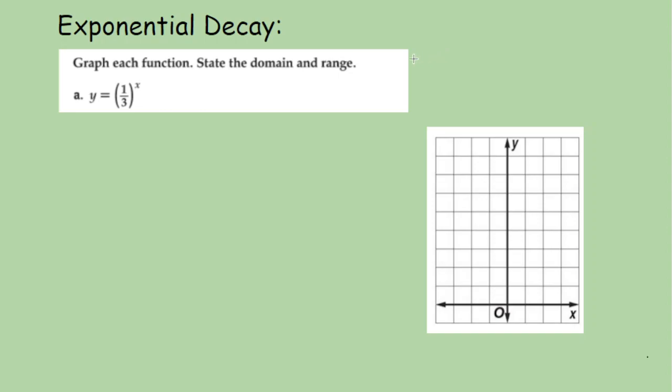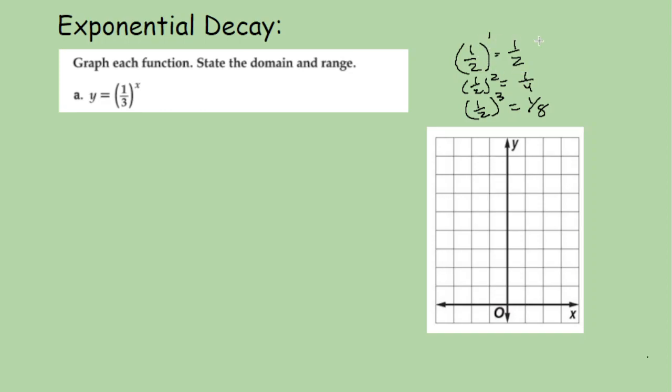All you have to do is think about what happens to fractions when you raise them to exponents. Let's start with a real easy fraction like 1/2. When you raise 1/2 to the exponent of 1, you get 1/2. When you raise it to the second power, it's 1/2 times 1/2, so you get 1/4. When you raise it to the third power, it's 1 over 2 to the third power, which is 1/8.